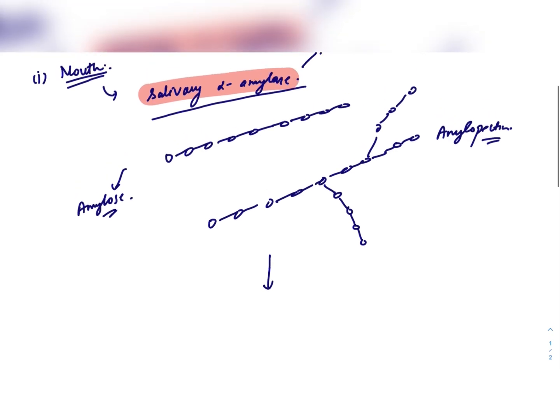Suppose it is working on these glycosidic linkages, it might produce maltose, it can produce maltotriose, it can produce isomaltose which has got an alpha 1,6 linkage, or it can produce various oligosaccharides which are also known as dextrins or limit dextrins.